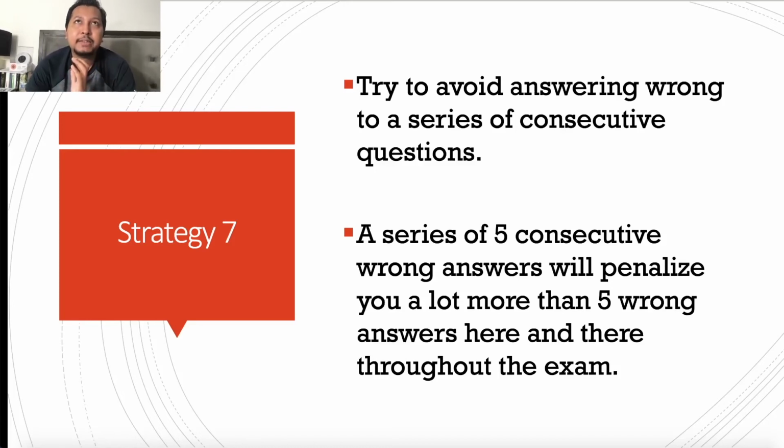However, candidate B missed a bunch of consecutive questions, but candidate A didn't. All her wrong answers were some in the beginning, some in the middle, spread out, and some in the end. So in that case, candidate A will score better than candidate B, just because of how the GMAT algorithm works.